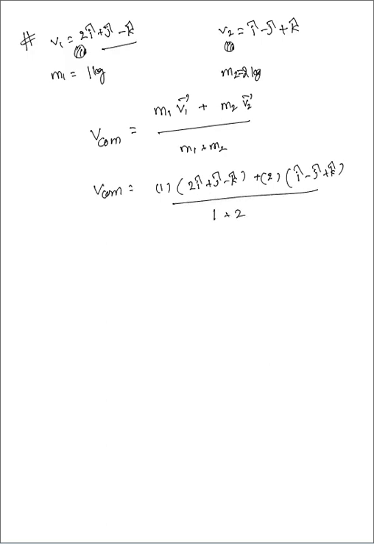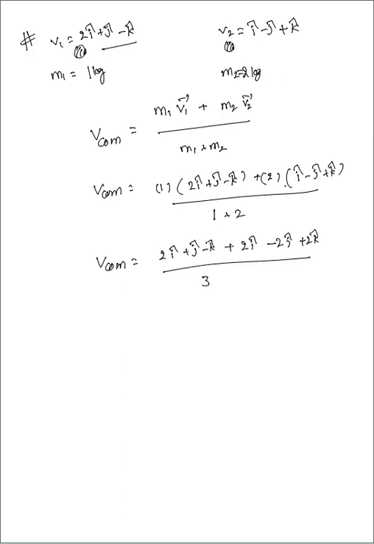Therefore VCOM, if you open the brackets, 2i cap plus j cap minus k cap. We need to multiply with 2 in the second case: 2i cap minus 2j cap plus 2k cap, divided by total mass, which is 3.